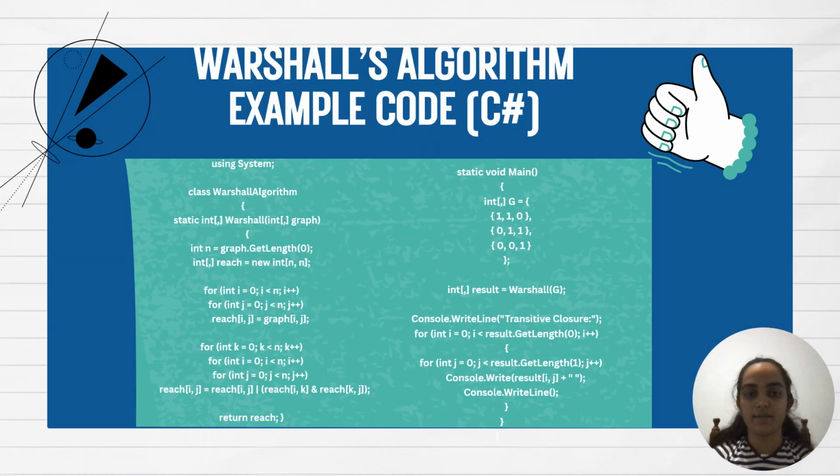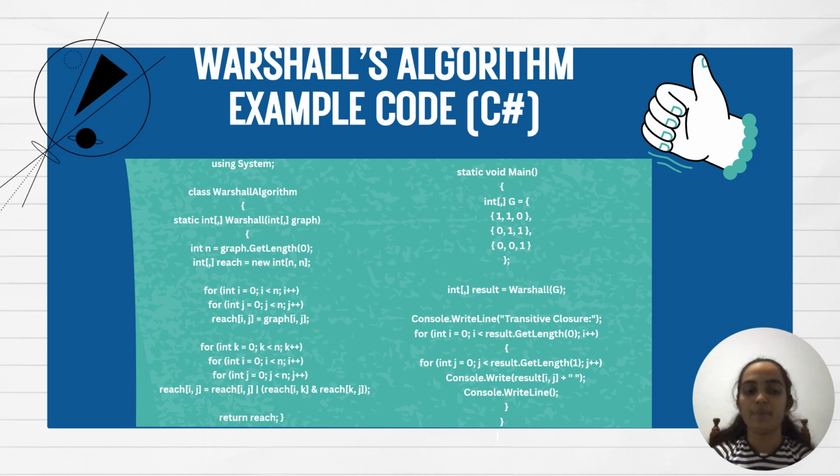Now, let's look at a simple code example of Warshall's algorithm in C#. We take a small graph with 3 nodes. The adjacency matrix says node 1 connects to node 2, node 2 connects to node 3. The code uses 3 nested loops.